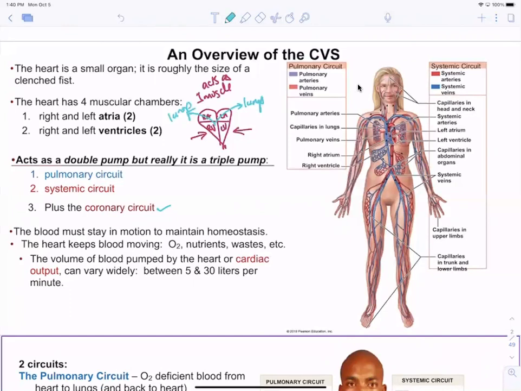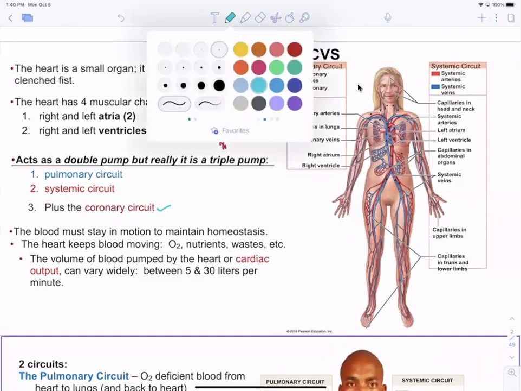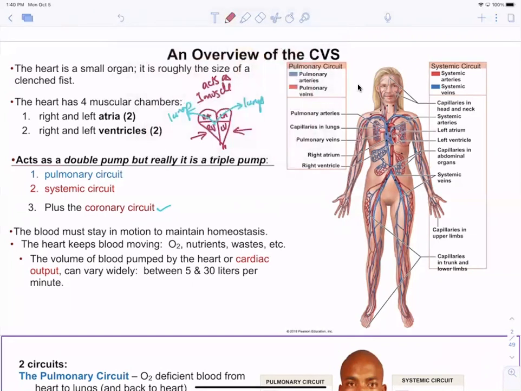And that's called the pulmonary circuit. And at the exact same time, the left ventricle is pumping blood elsewhere. And this is the systemic circuit.